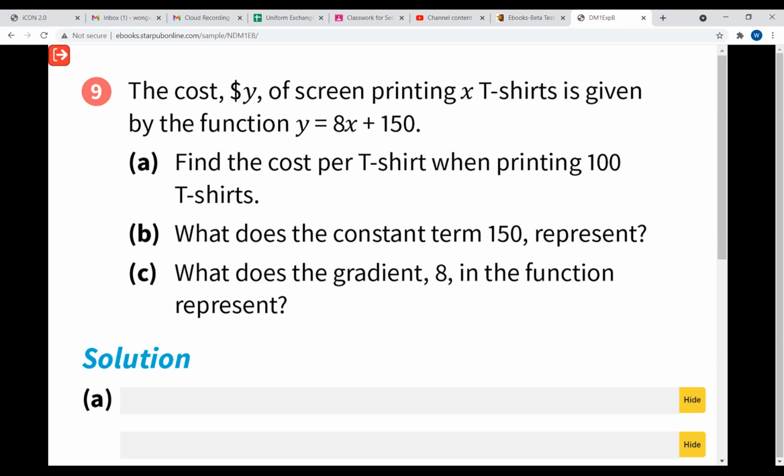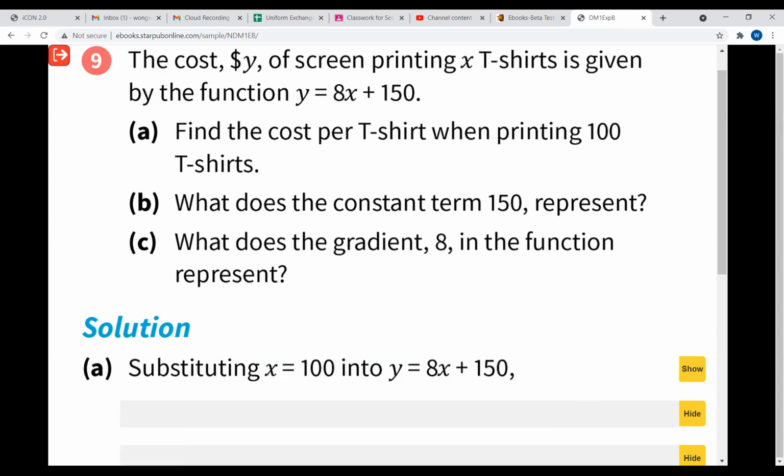Now, it is shown in this equation also. The total cost is given by 8x plus 150. So what happens when I want to print 100 t-shirts? So the x value is 100. We're going to substitute the 100. That is our input into the function to find the total cost. So let's do that first.